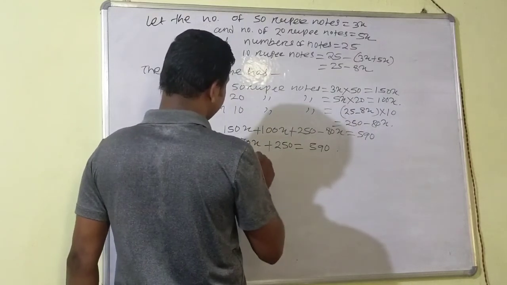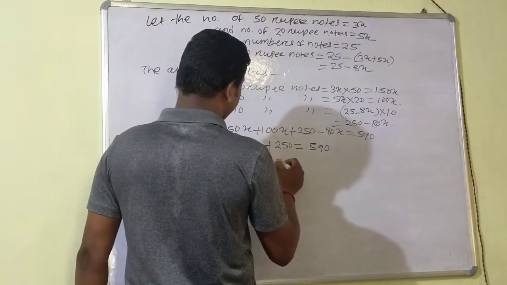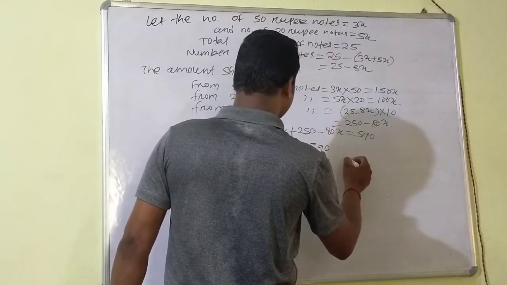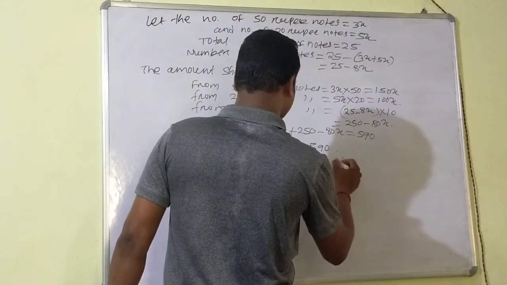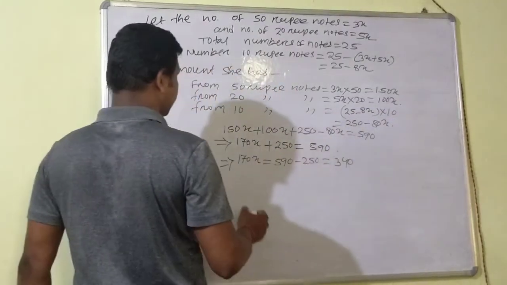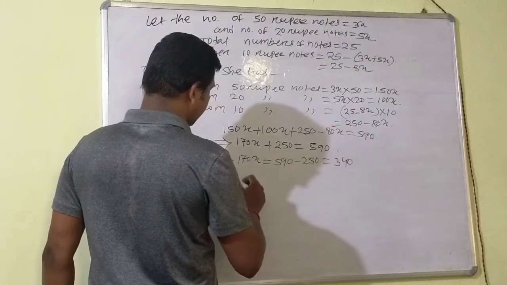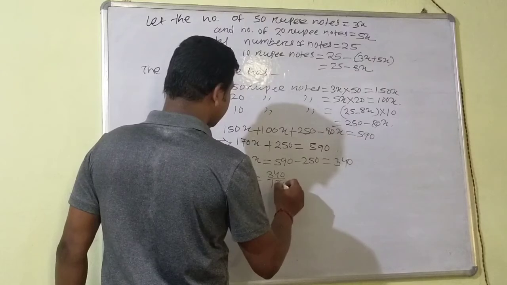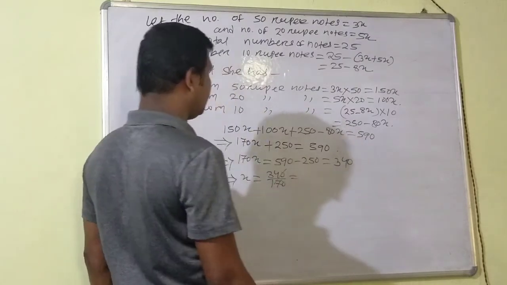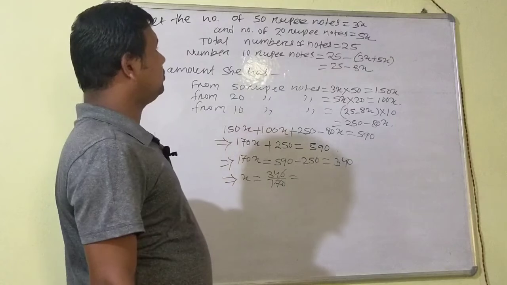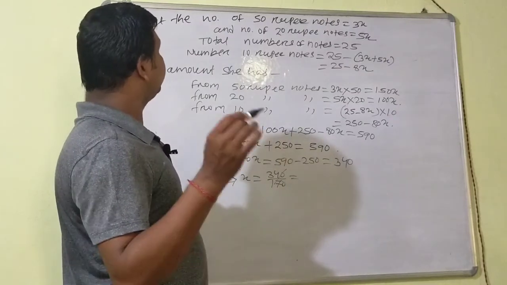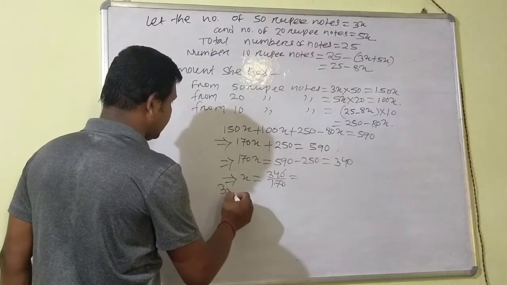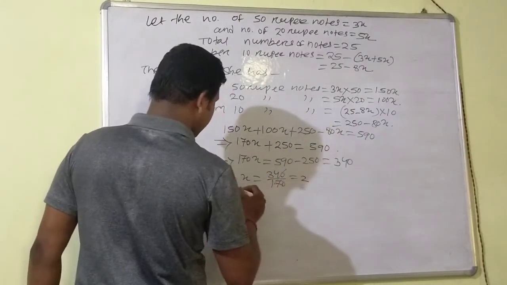Now we write 170x equal to 590 minus 250, which is equal to 340. Now x will be equal to 340 by 170, that is 2. X equal to 2.